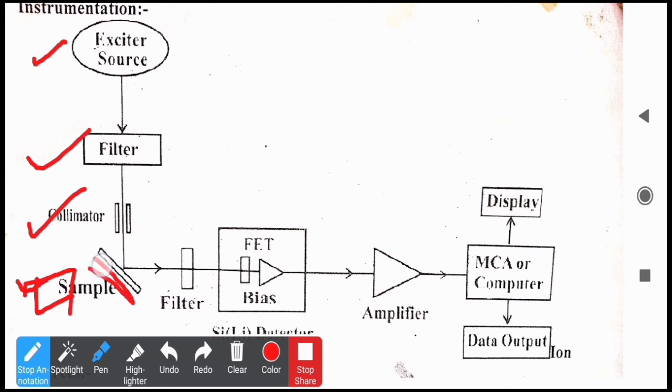Once the sample interacts with the radiation or particles, it ejects some electrons or radiation. Here we are going to focus on the radiation. That radiation is detected using a field effect transistor, the FET, which is an electronic part; we will see how it works in the detectors.